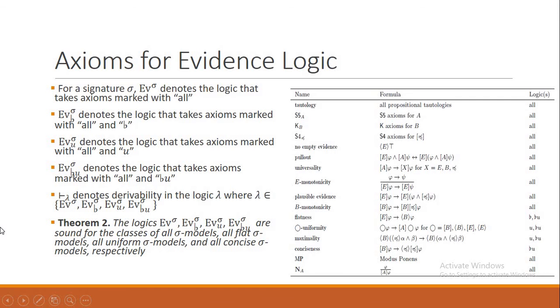And now we present our first theorem in the presentation, but it's actually the second theorem in the paper, which is a soundness result for all our different types of inference system. Let's read it. The logics EV, EVB, EVU, EVBU are sound for the classes of all sigma models, all flat models, all uniform sigma models, and all concise sigma models respectively. As we've mentioned before, EV is the inference system for a general sigma model, so it is sound for all classes of sigma models without any assumptions about them.